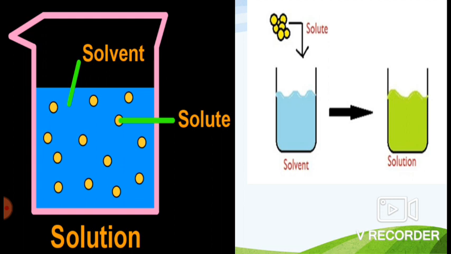And when this solvent and solute both mix with each other, we get a solution. So keep in mind, when a substance dissolves in water, a solution is formed. And when a substance does not dissolve in water, no solution is formed.